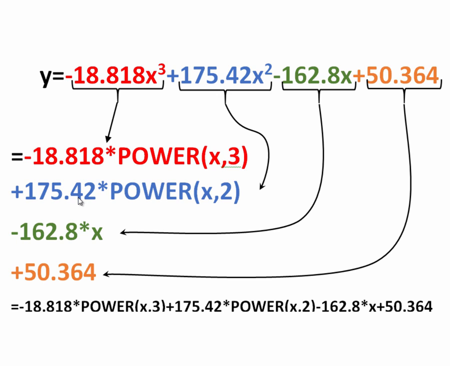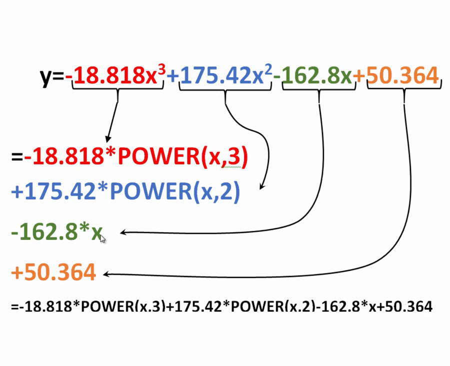So the next part of the equation is plus 175.42 x squared. The same way, you have plus the number multiplied by POWER(x,2). The next element is minus 162.8 times x, which we can do as a simple minus 162.8 multiplied by x.